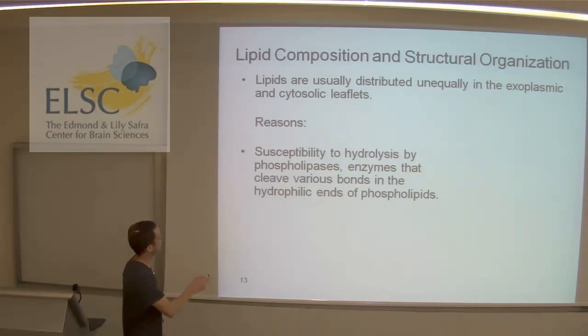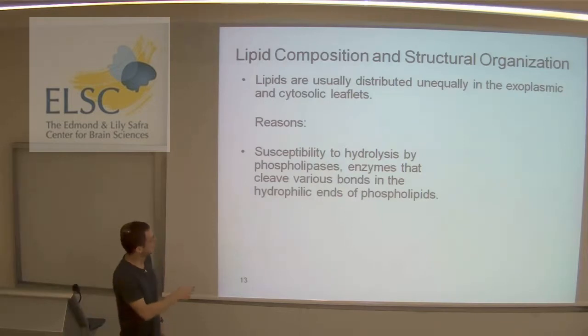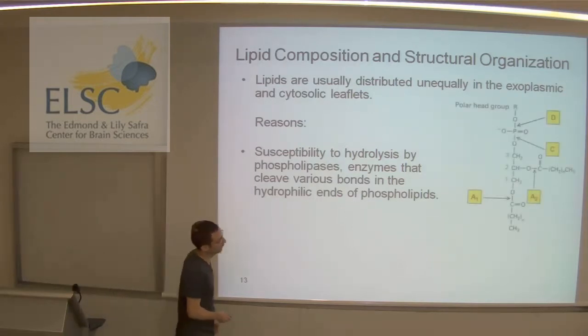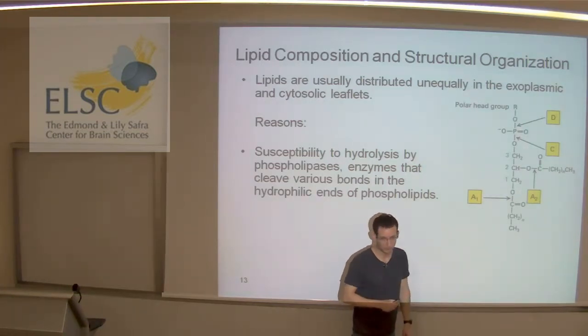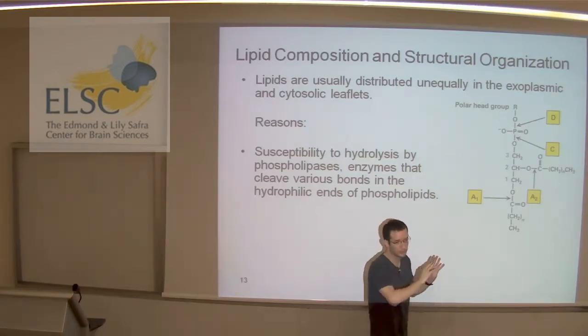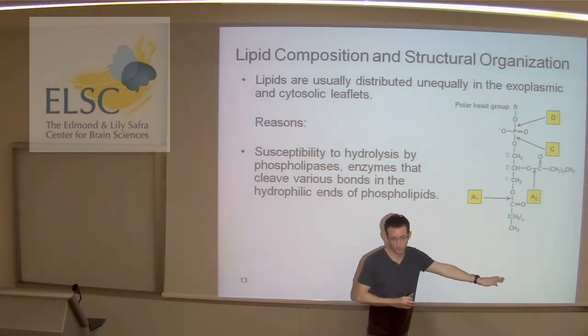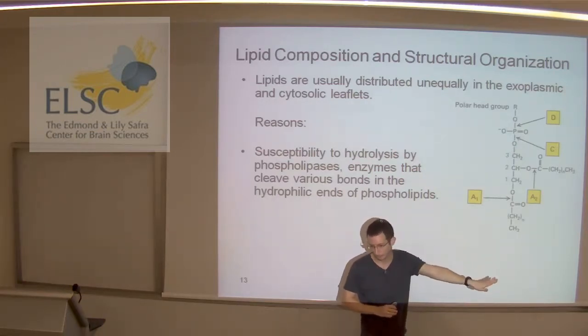The first is the different susceptibility to hydrolysis by phospholipases. Phospholipases are enzymes that cleave lipids along them, and by that change their structure. For instance, phospholipase D will cleave the lipid here and will give rise to a different kind of lipid, which will give rise to a different set of characteristics in this specific region of the membrane, right?